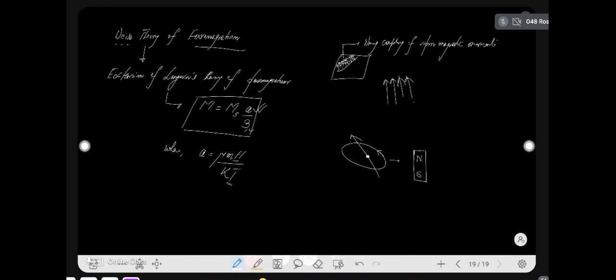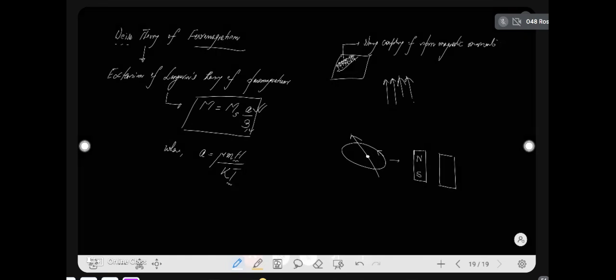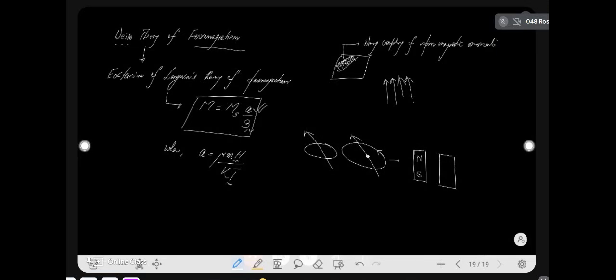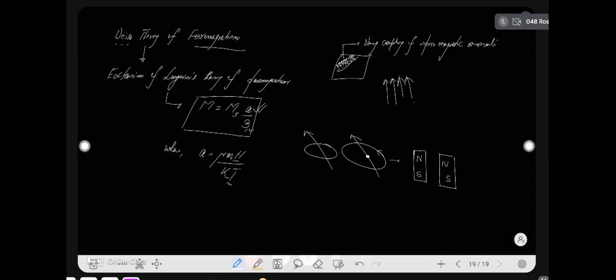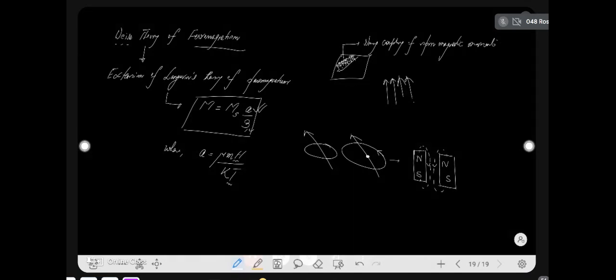Suppose there is another magnetic dipole, again in the same orientation, same direction. So north pole and south pole. Magnetic field lines emerge from the north pole and they converge on the south pole. My understanding is that because they are running in the same direction, the magnetic field lines are in the same direction.